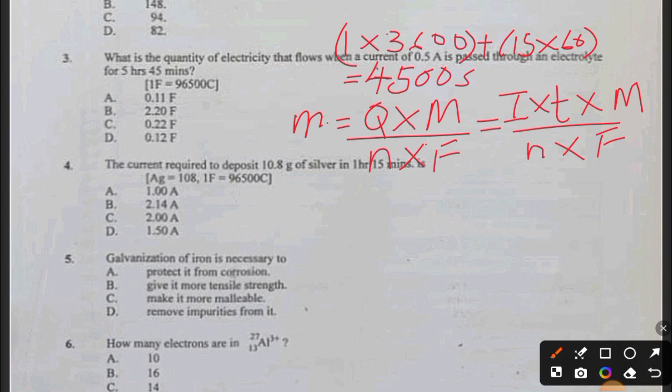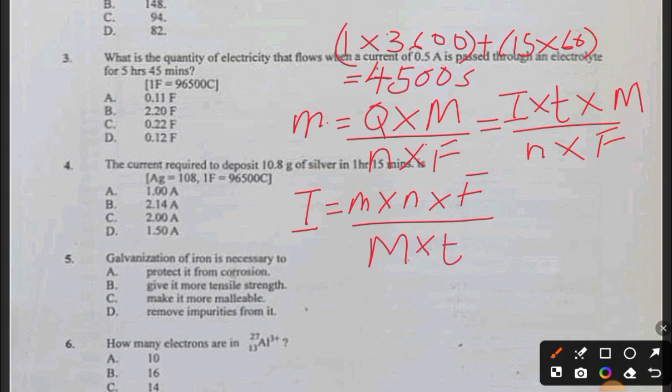Now, what you are looking for is current. Now, when we make current the subject, we are going to have I, which is the current, equals mass, small m, times number of electrons per ion for silver, which is 1, times Faraday's constant over molar mass, which is capital M, times time.